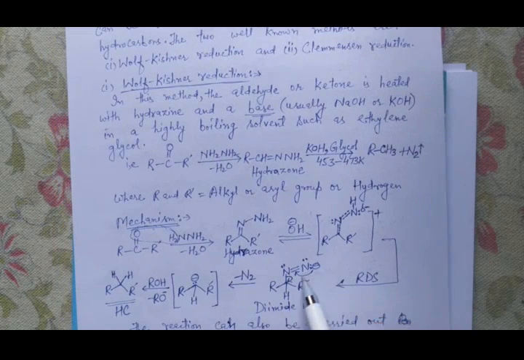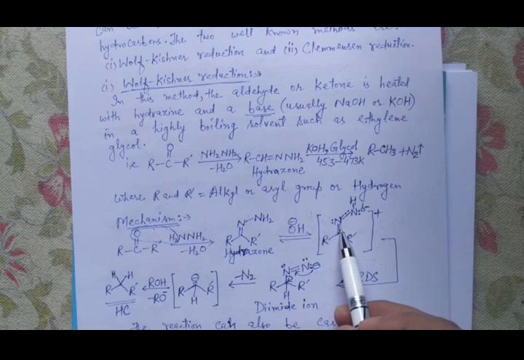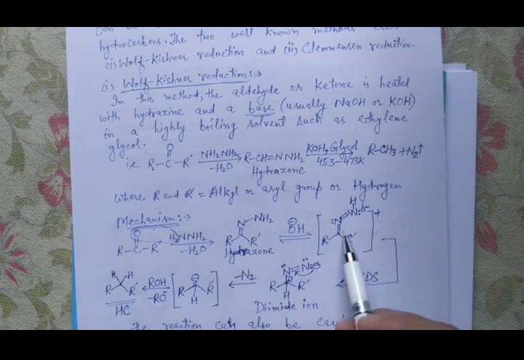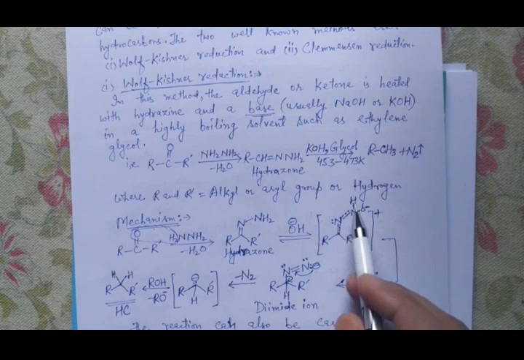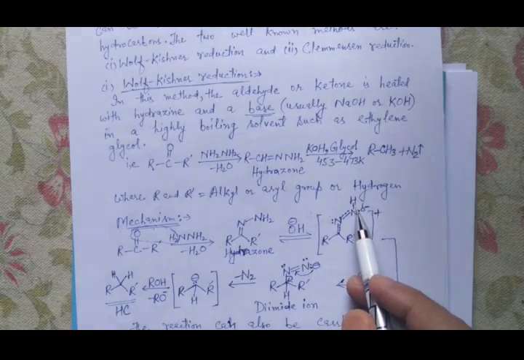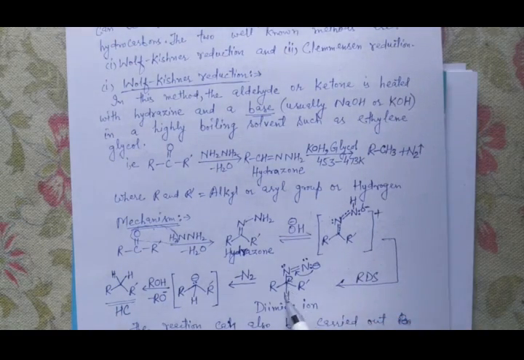So what happens here, I will again tell you, a double bond is going to be formed here, and that is getting broken at this side. Okay, so a sort of rearrangement also takes place in this step. When the double bond is formed here, this hydrogen atom will get attached to this carbon as shown here.